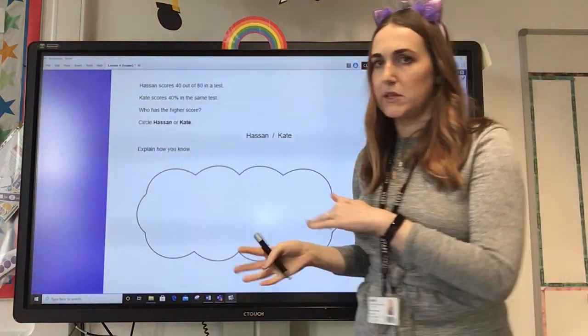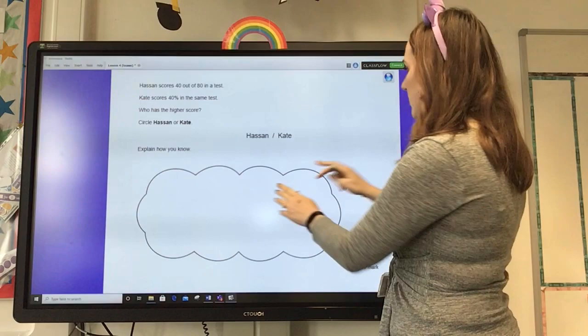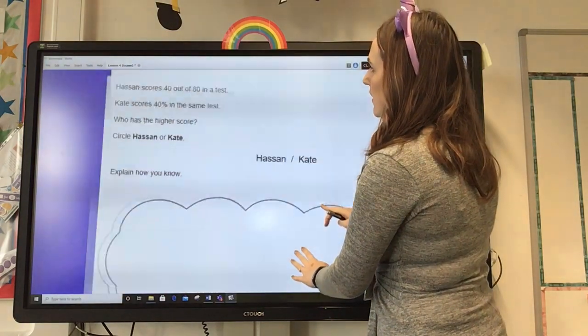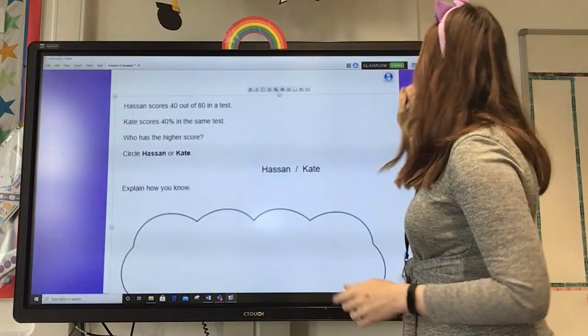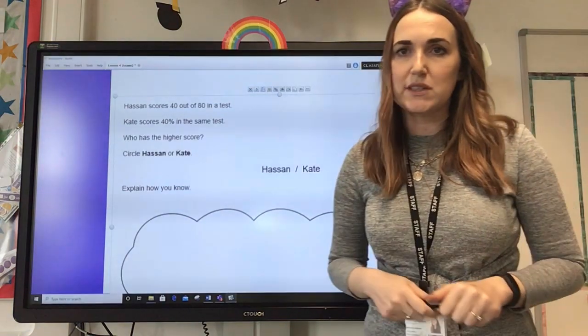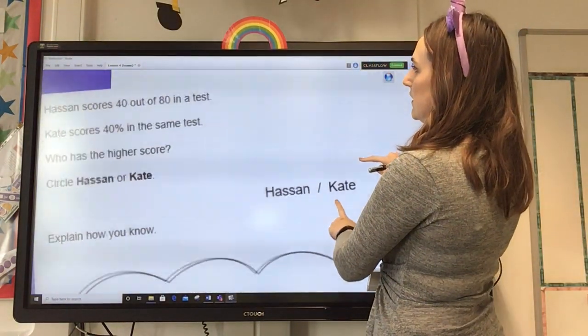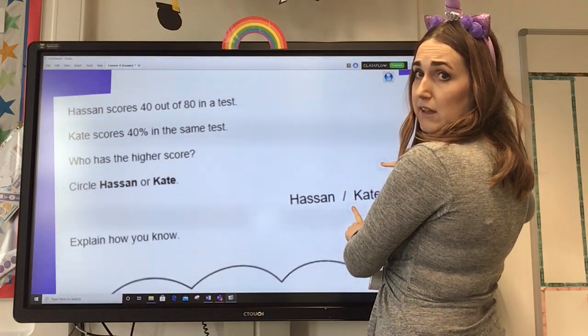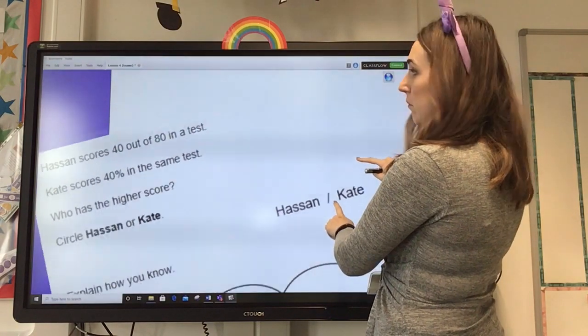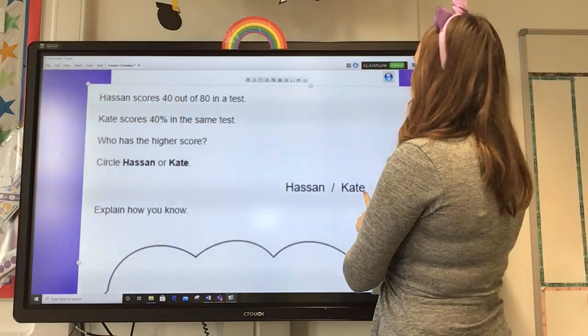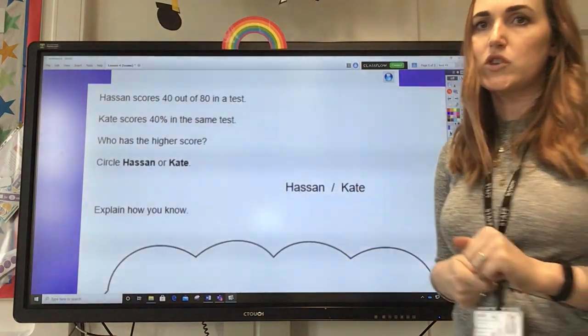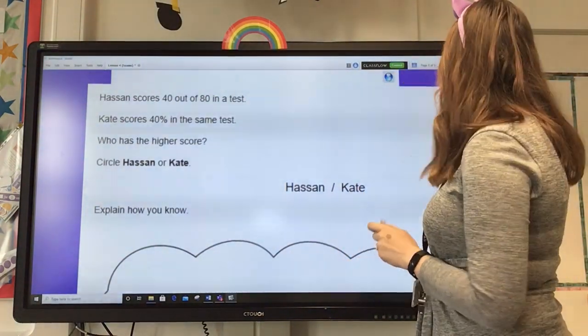I've got this question on the board, which I know is a bit small, but this is on your assignment. There we go. And I thought I'd explain this one because it does look a little bit tricky. So it says, can you see that? There we go. It says, Hassan scores 40 out of 80 in a test.